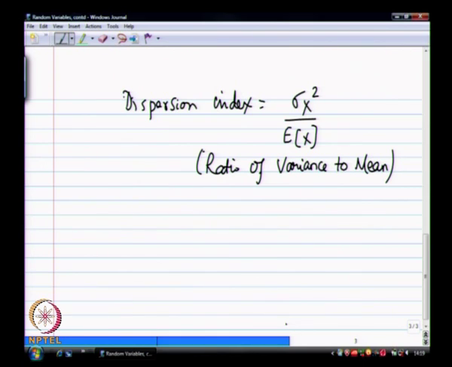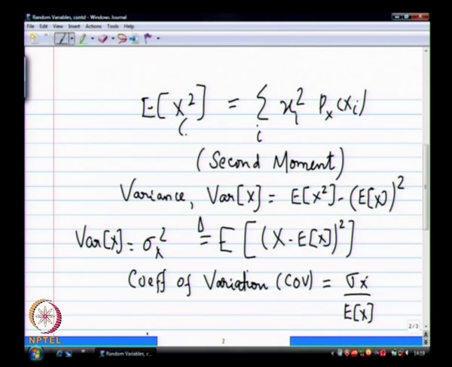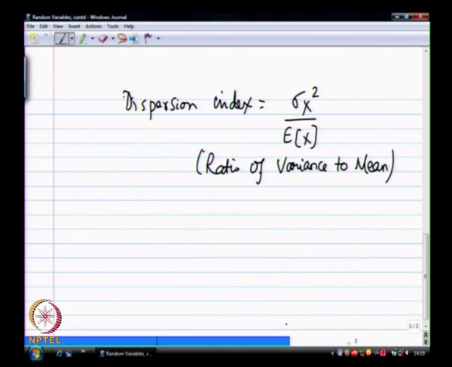It is called VMR, variance to mean ratio.